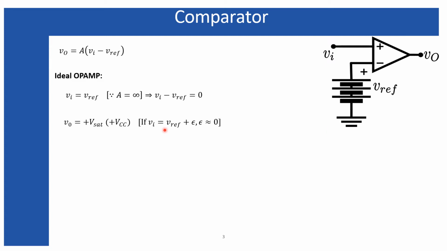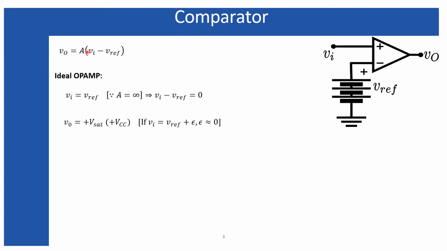If input voltage is greater than the reference voltage by a very small amount, then from this equation, V reference is zero for the time being, and Vi is a very small positive voltage compared to the zero voltage. Then due to presence of this infinite gain, output will go to infinity, but the output voltage will be limited by its supply, which is known as plus VCC and minus VCC.